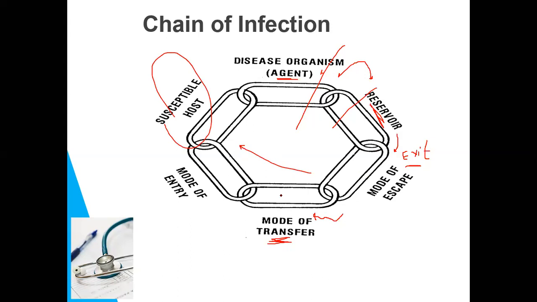Transfer to the host through a specific mode of transmission. ممكن يكون من خلال droplets، ممكن يكون من خلال for example food transmission, waterborne, foodborne, bloodborne. So the mode of transmission, the way that transfer used by the infectious agent to transfer from the reservoir to the host.